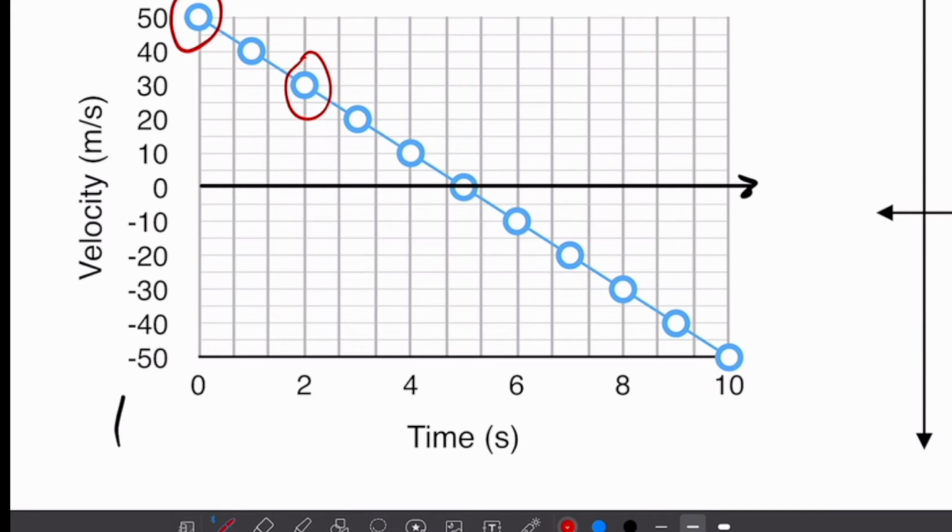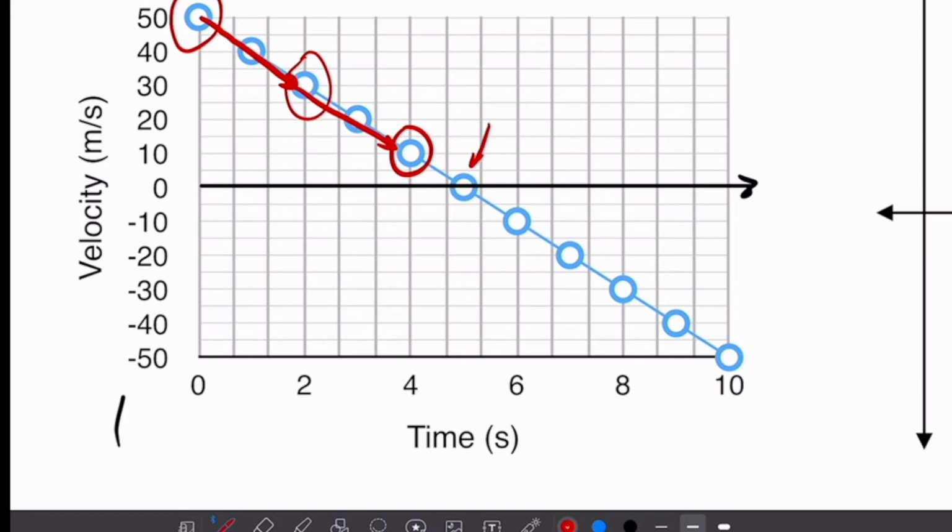And I notice that it got there under a smooth transition from 50 to 30. No discontinuity in that graph. After another 2 seconds, it's now at 10 meters per second, still smoothly transitioning from 30 to 10. When suddenly it crosses the origin, it stopped here.